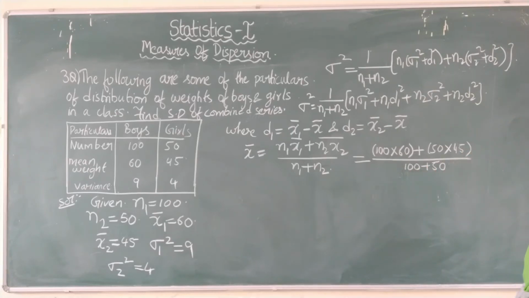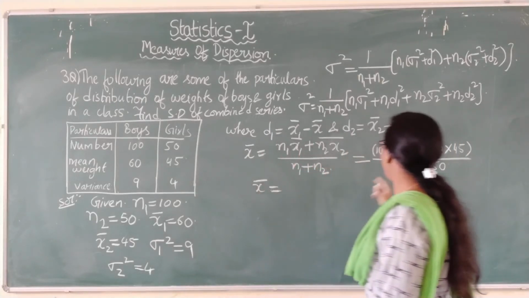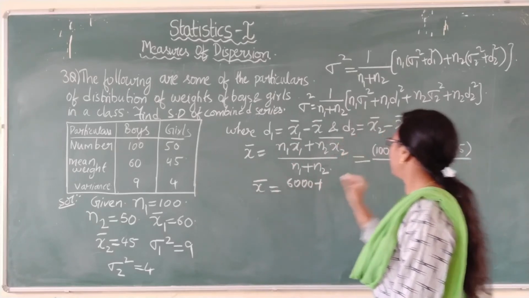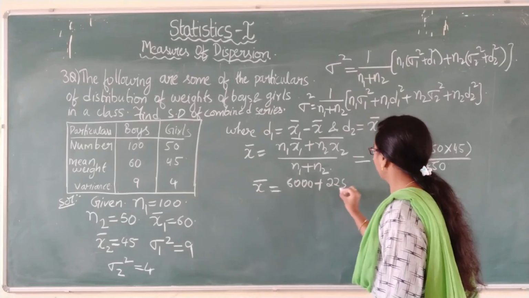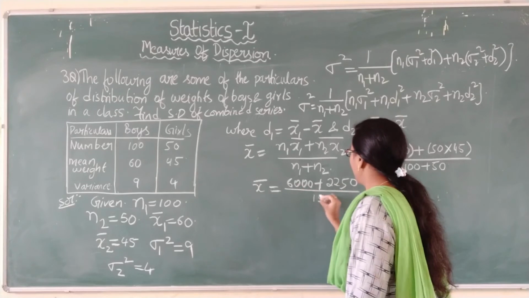So now, next is 100 into 60 plus 50 into 45, right? So x bar equals 100 into 60 is 6000 plus 50 into 45. 45 into 5 is 225, so 2250, divided by 100 plus 50 is 150.